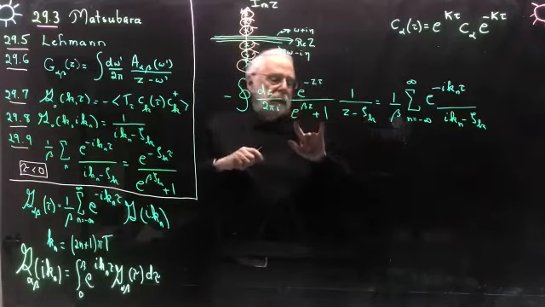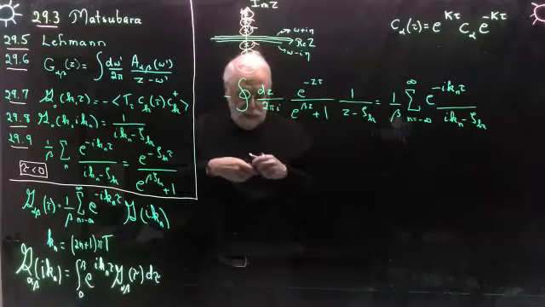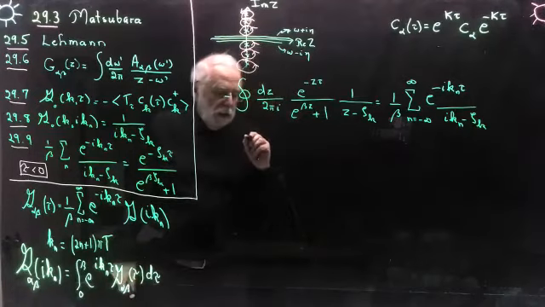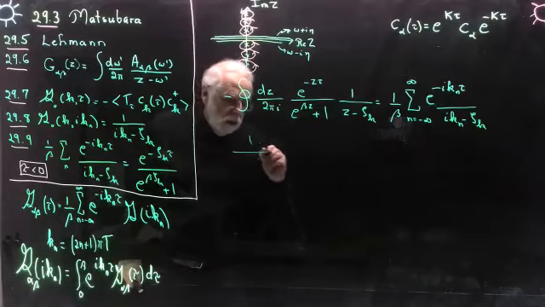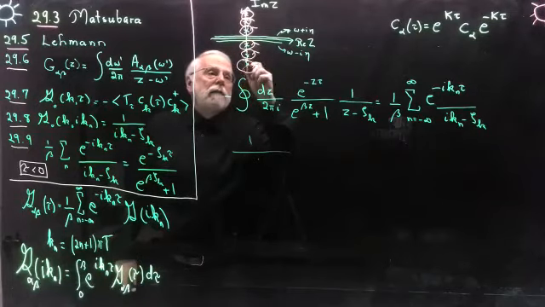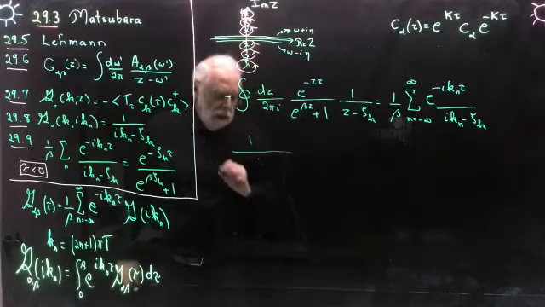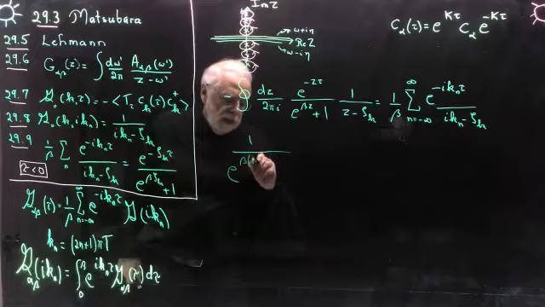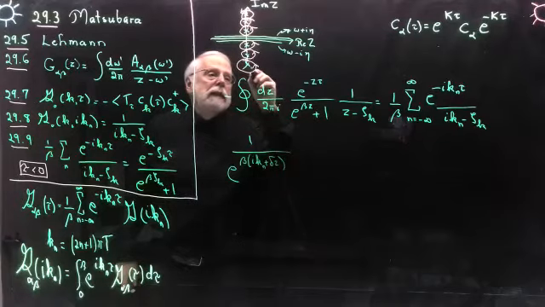But if I look at this function, what does it look like in the vicinity of one of these poles? It looks like exponential of beta times ikn plus delta z, where delta z is the distance here.